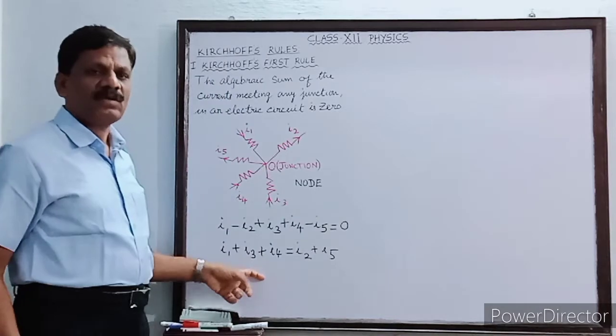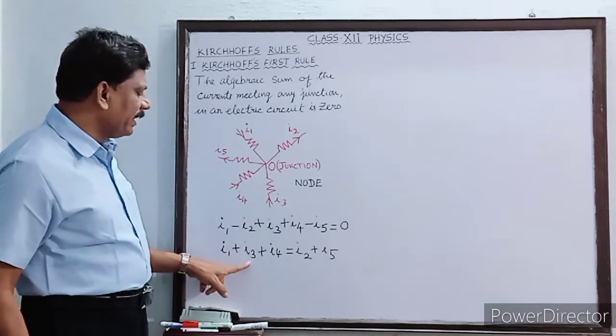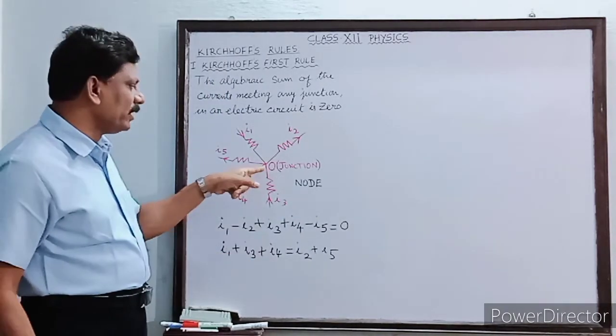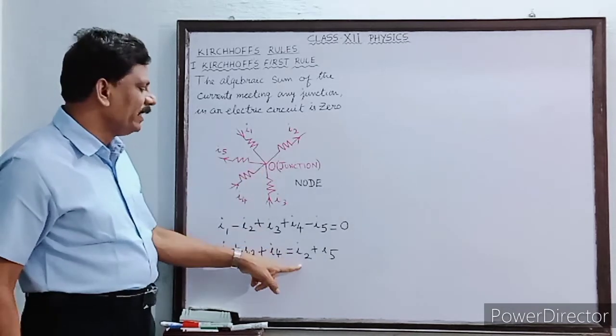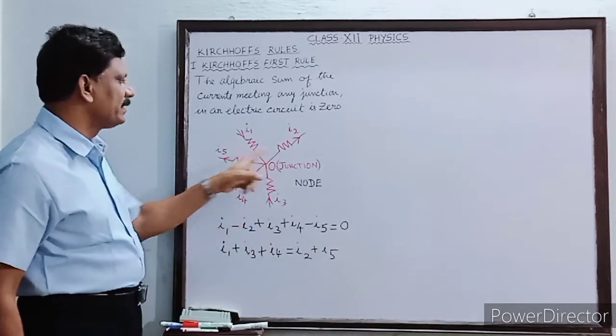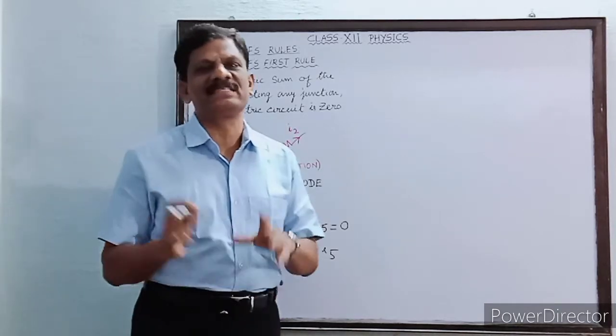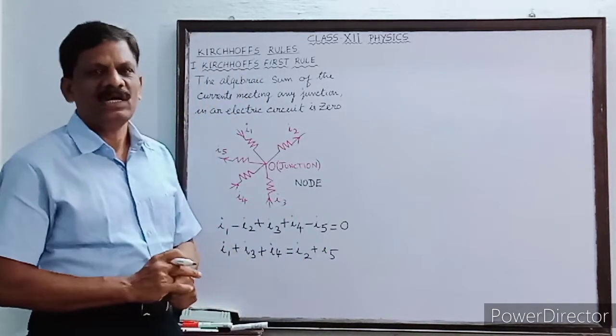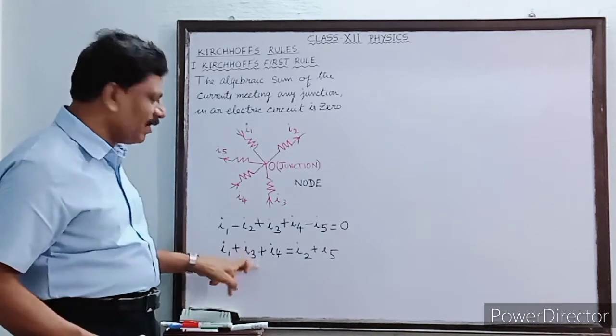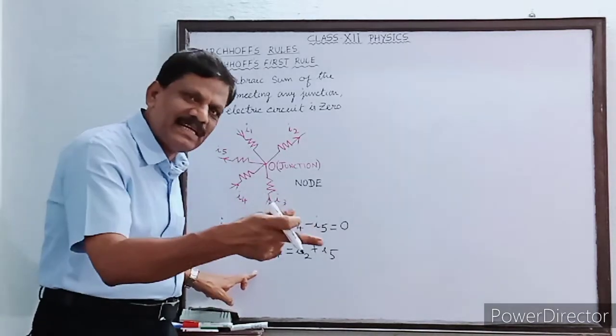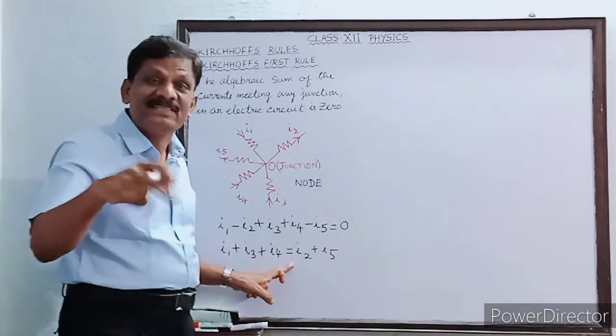Understand? So I1, I3 and I4 are flowing towards the junction, and I2 and I5 are the currents leaving the junction. So we get another statement of Kirchhoff's first rule. We can say that the sum of the currents flowing towards the junction is equal to the sum of the currents leaving the junction.